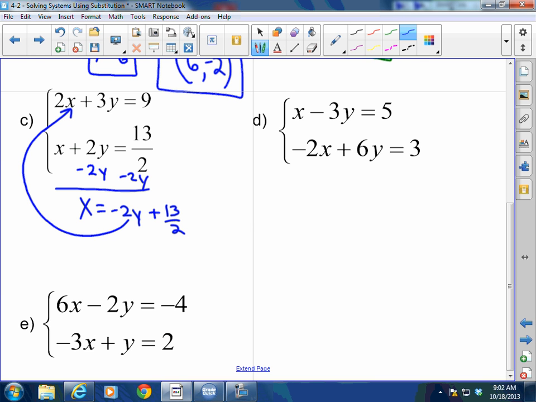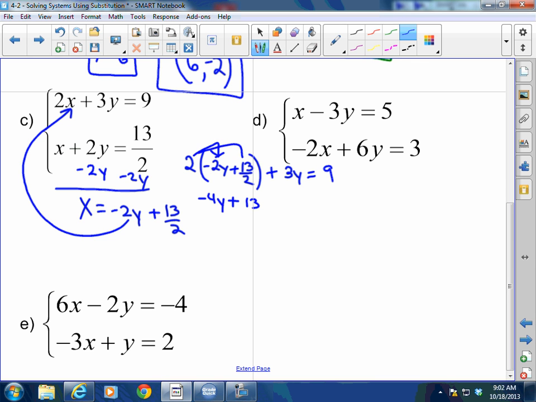So I've got 2 times x, which is negative 2y plus 13 halves, plus 3y equals 9. Take a breath. Look at what we did there. Does that make sense? All right, let's do the math. Let's distribute. So I've got negative 4y plus 13.